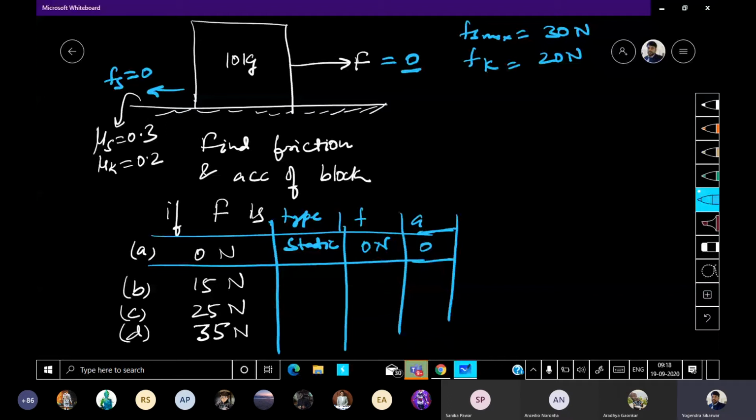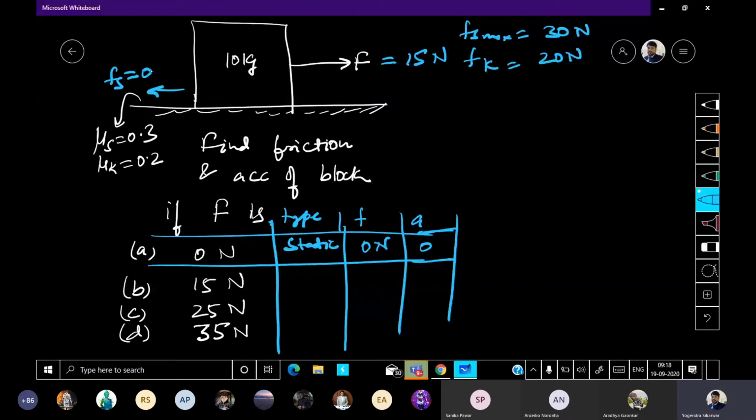So this is the first case. Now, when the force becomes 15 Newton, let us make F equal to 15 now. Pay attention, everyone. 15 Newton force is acting in the right direction, right?